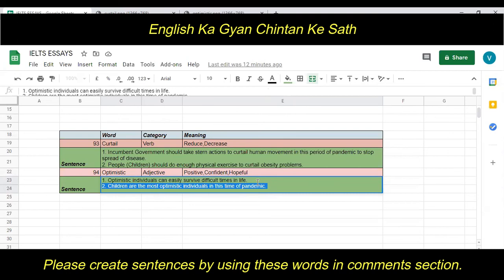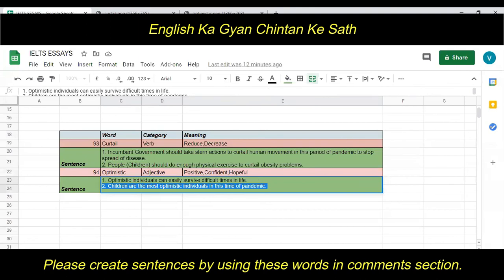So in this time of pandemic, to some extent each and every individual should think likewise children do, right? So that is the reason, instead of using hopeful, instead of using positive, instead of using confident, the word optimistic has been utilized in the second sentence, right?